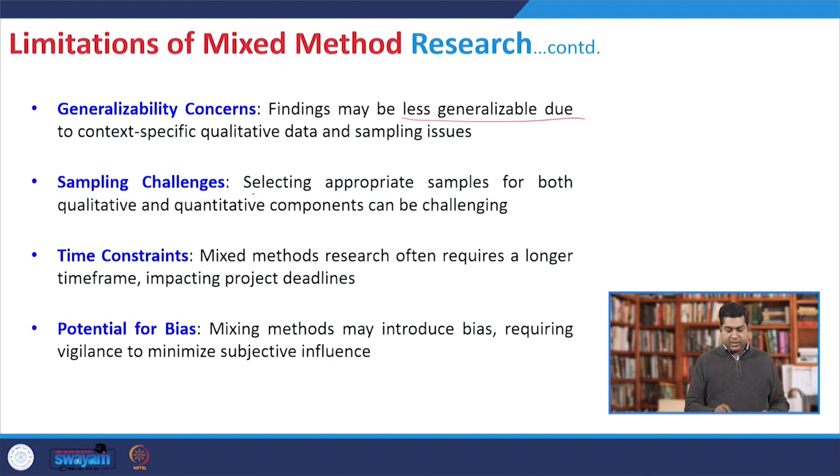Sampling challenges. Selecting an appropriate sample for both qualitative and quantitative components can be challenging, because, as we discussed, for qualitative research a smaller sample can be a good sample, but for scalability in quantitative research we need a certain minimum sample.